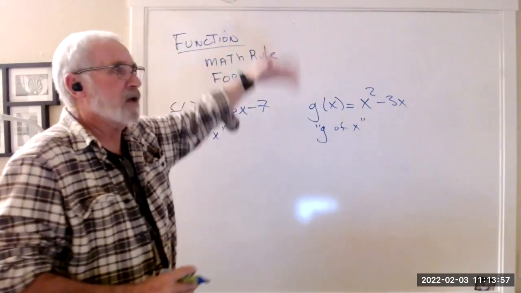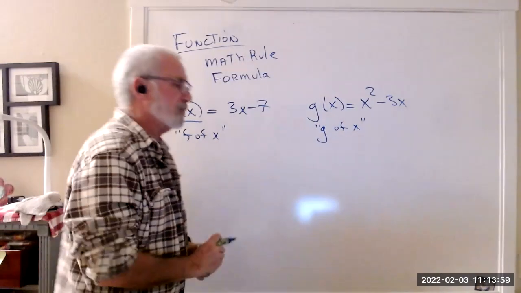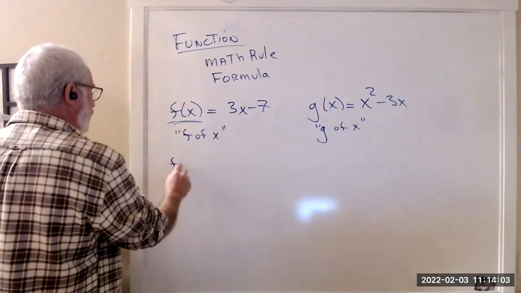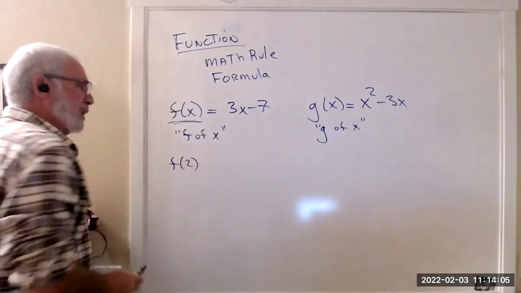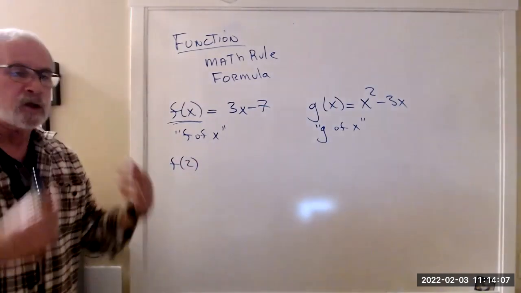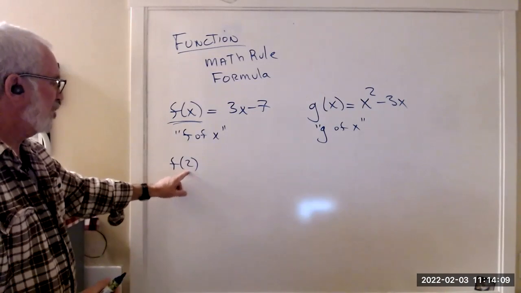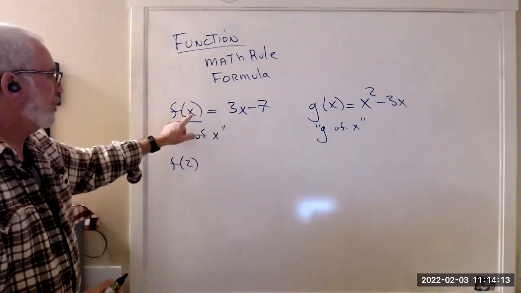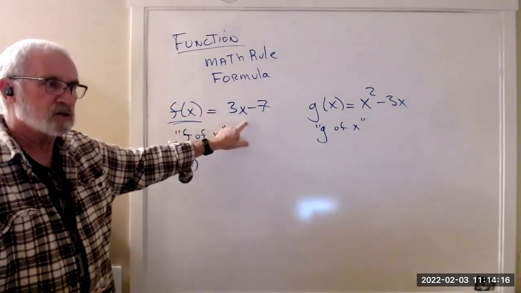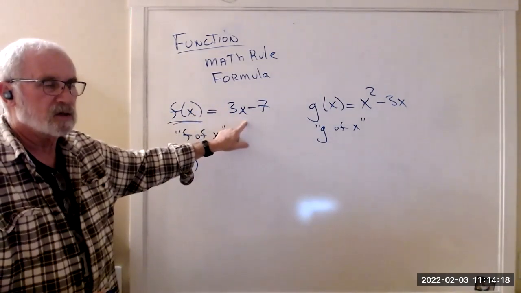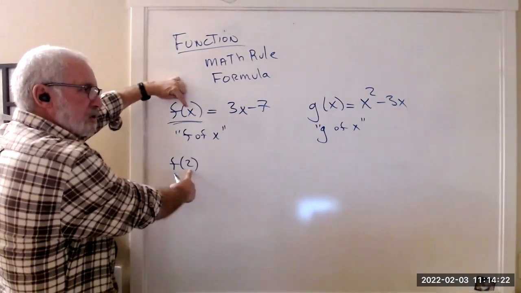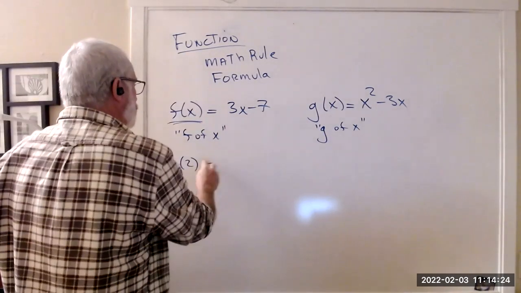Now, it's a rule that changes something. So we're going to ask you something like, what is F of 2? Literally, this is asking you to take 2 and put it in the rule in place of X and do arithmetic. Look at what we did. We put 2 where the X was.